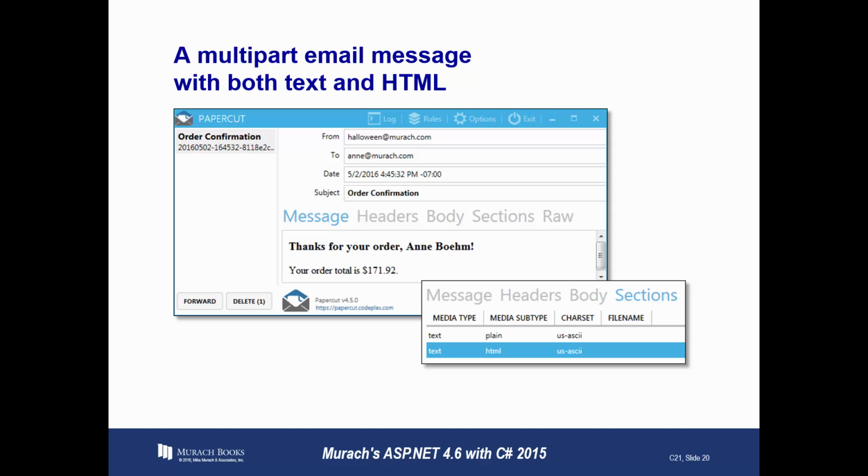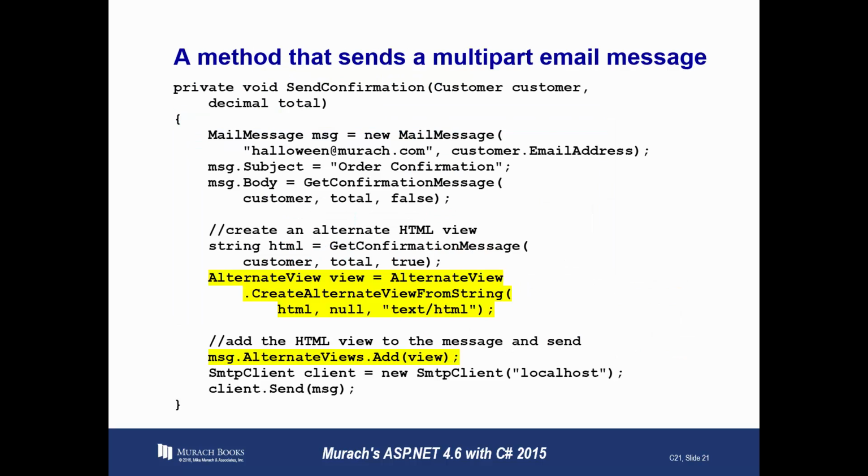The method first creates a mail message object and adds a from address, a to address, and a subject. Then it calls the get confirmation method twice, once for the plain text message and once for the HTML that's part of the body of the message. The alternate view class of the system.net.mail namespace lets you include both the text and the HTML formats in an email. Now this is considered to be best practice. There is an example.